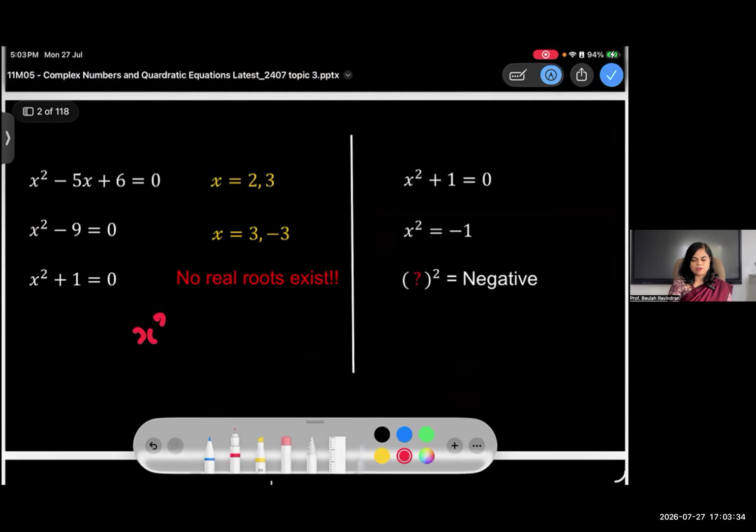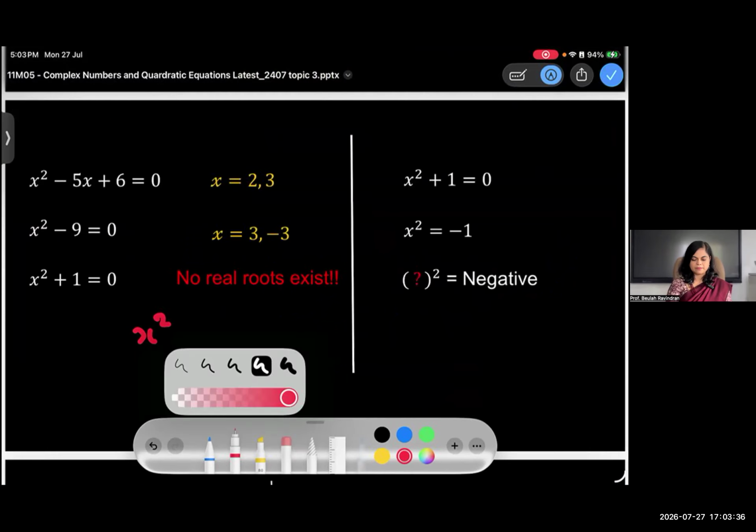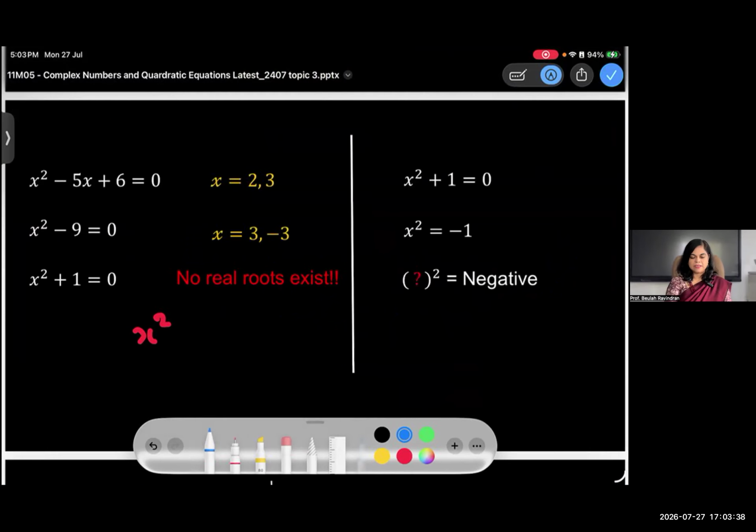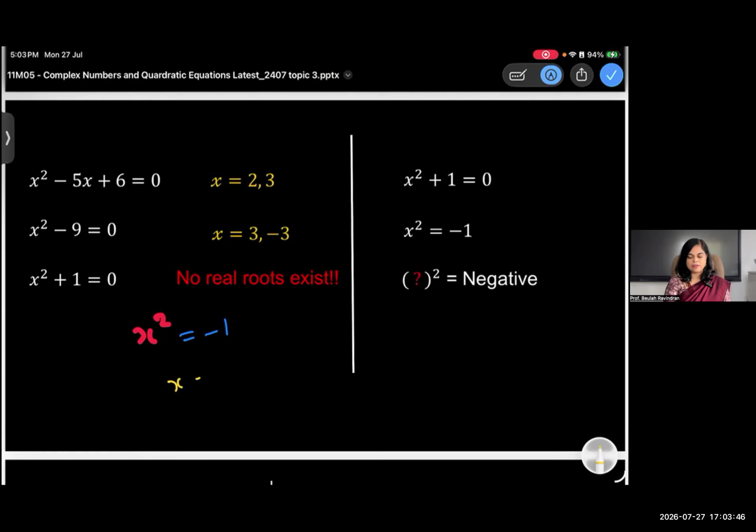If you do x square equal to -1, right? Then x is equal to root of -1. Is it possible for negative roots? Okay, it is not possible, right?